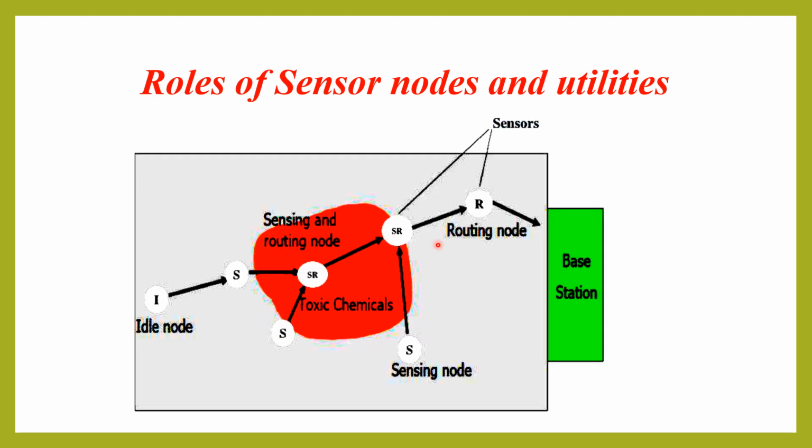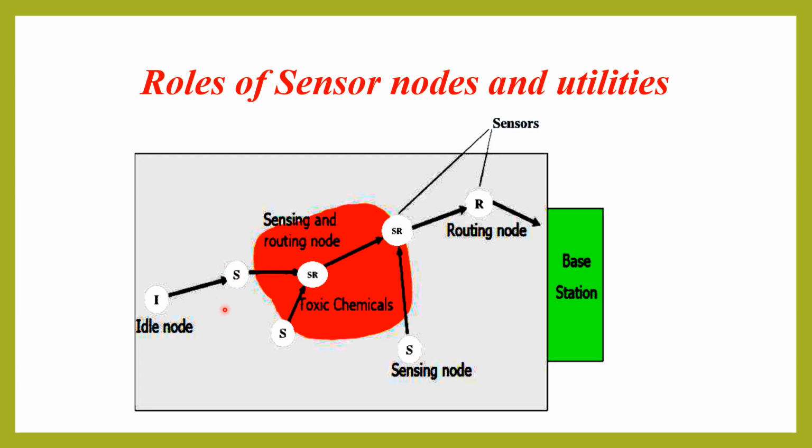Here is one typical diagram explaining the operations of sensors, the different roles the sensors can perform in a network. Suppose in an environment we want to sense the toxic chemicals present. Based on the locations of the sensors, we can make a few sensors be put under sleep or idle mode. Since this one is far away, we can make this node idle, and this one is nearby but not close to the base station.